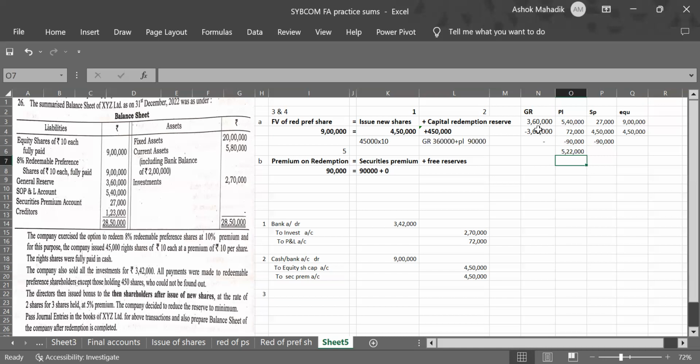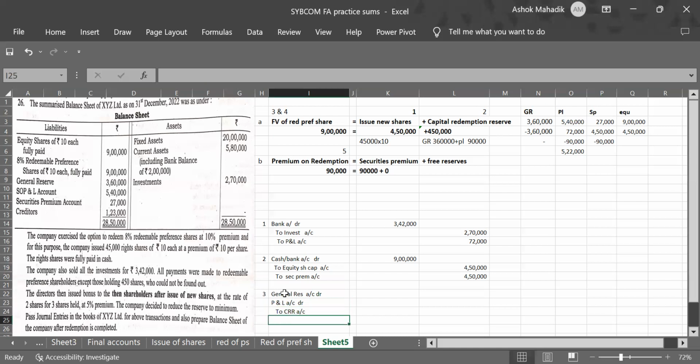Clear? So I'll pass the entry for creating CRR. Whichever reserves you are going to use will be debited and CRR will be credited. You can see we have used general reserve to the extent of 3,60,000 and P&L worth rupees 90,000. So the entry will be general reserve account debit, P&L account debit, to CRR.